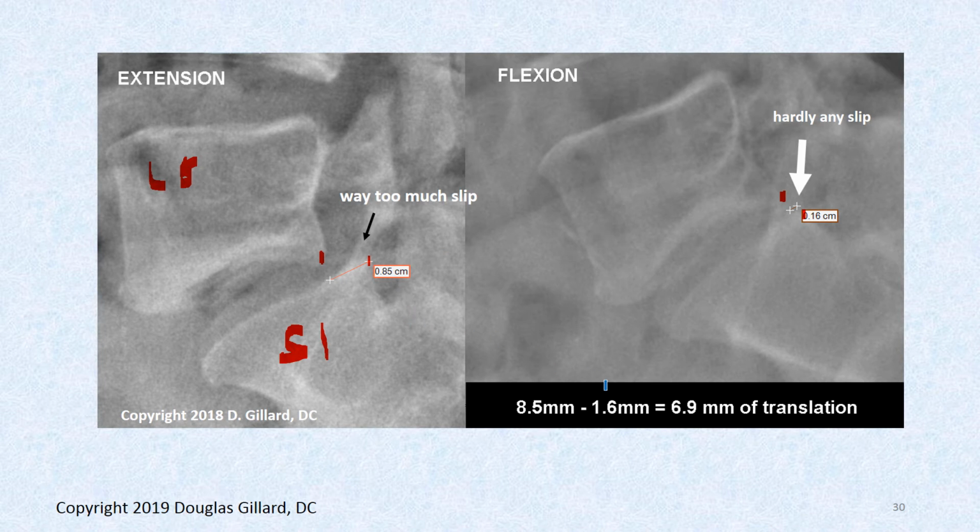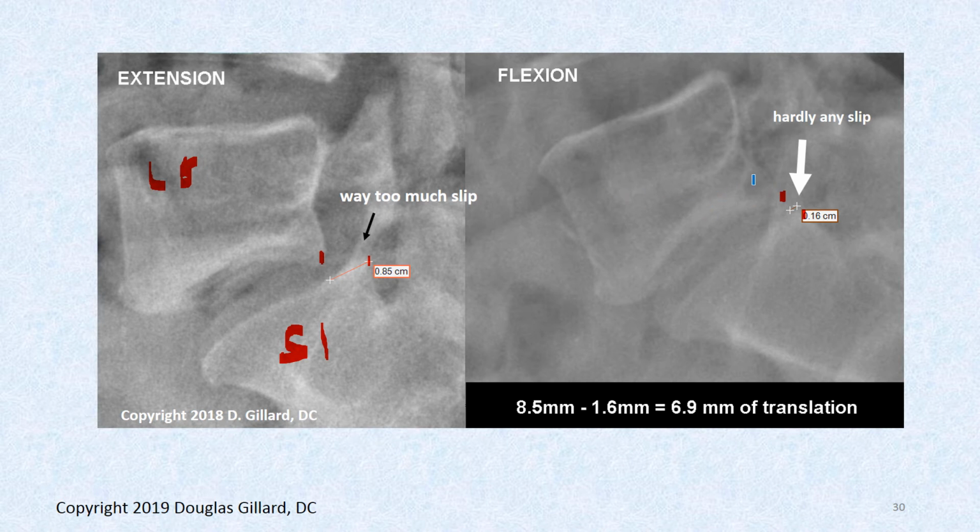I usually work in millimeters more. So if you subtract these distances, you get the excursion. How much is she slipping and sliding? So she's sliding almost 7 millimeters back and forth. And can you imagine doing the activities of daily living, making the bed and doing the wash and making the dinner and picking up the dog and picking up kids?